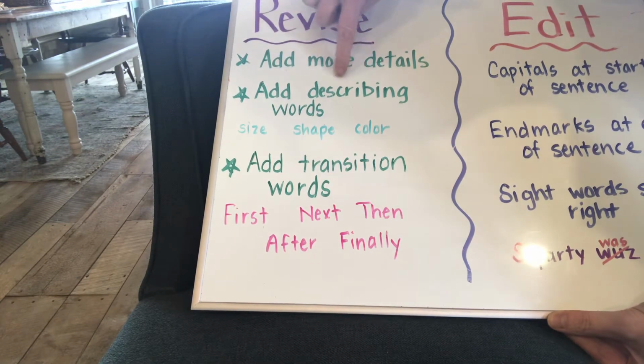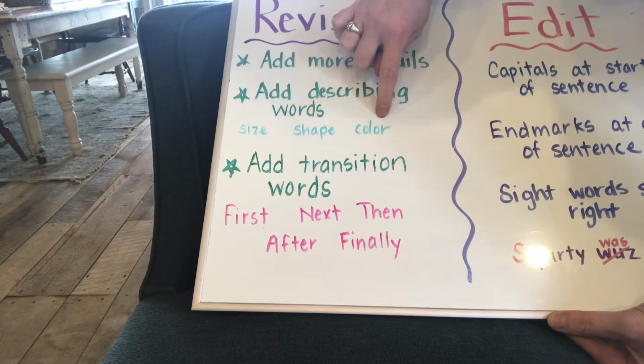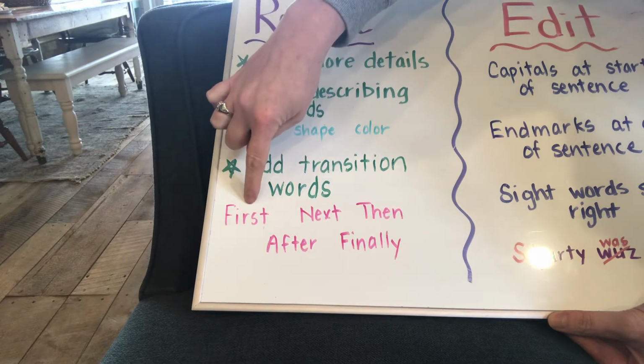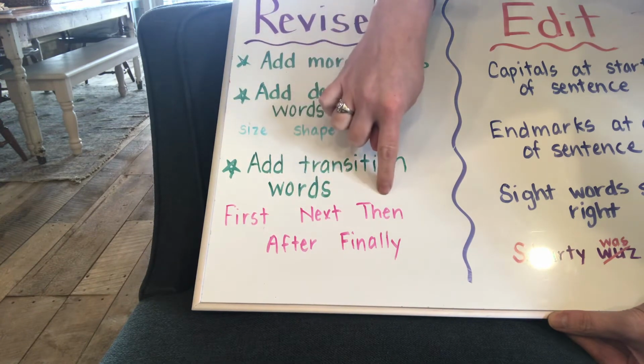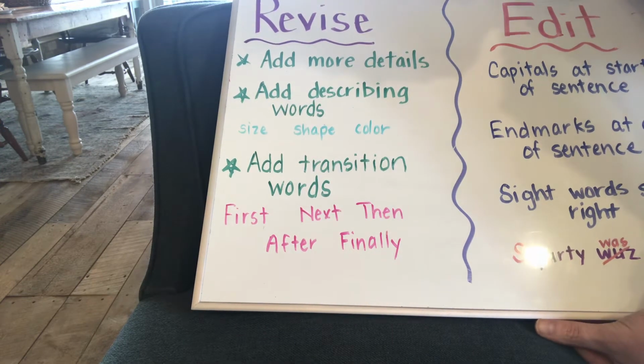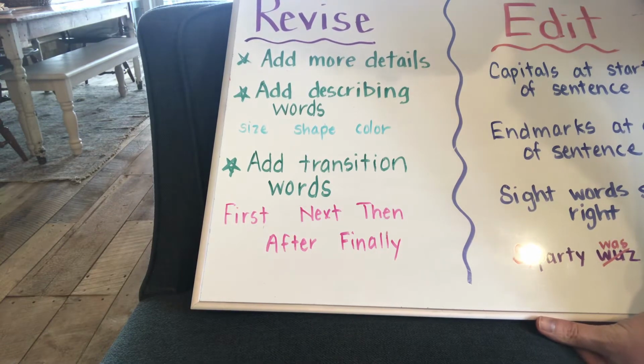So you can add describing words, maybe the size, the shape, or the color of something. Add some transition words: first, next, then, after, finally. You're adding words to your story to make it more interesting to your reader. We want them to be excited to read what you wrote.